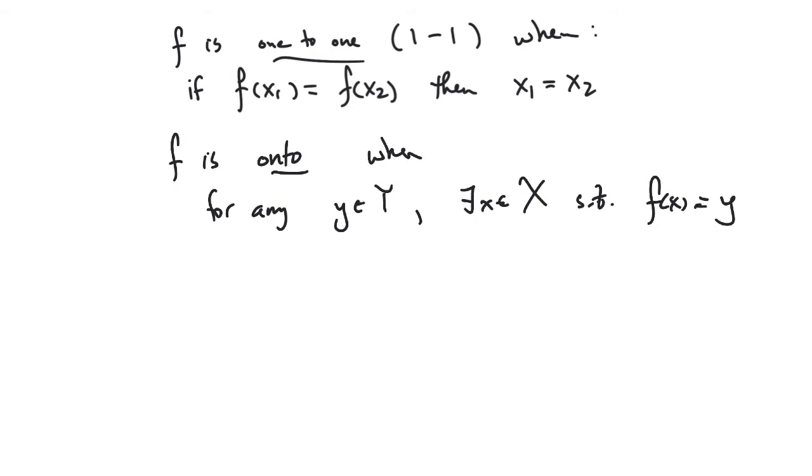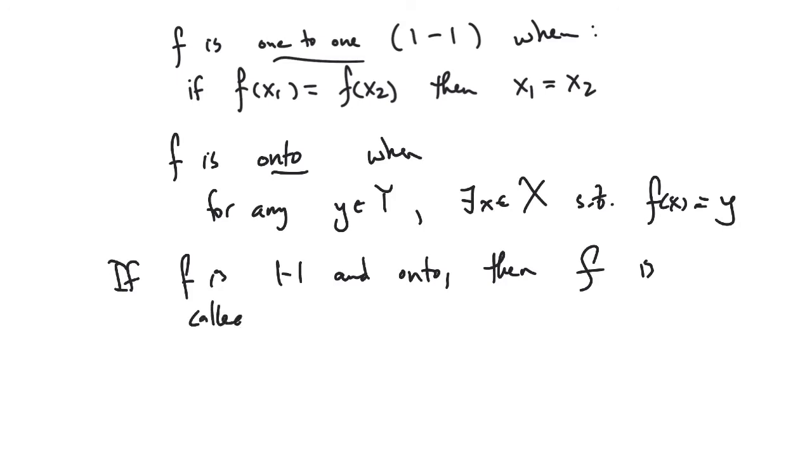All right. For example, if f is 1 to 1 and onto, this is special, then f is called, in our book they say, a 1 to 1 correspondence.